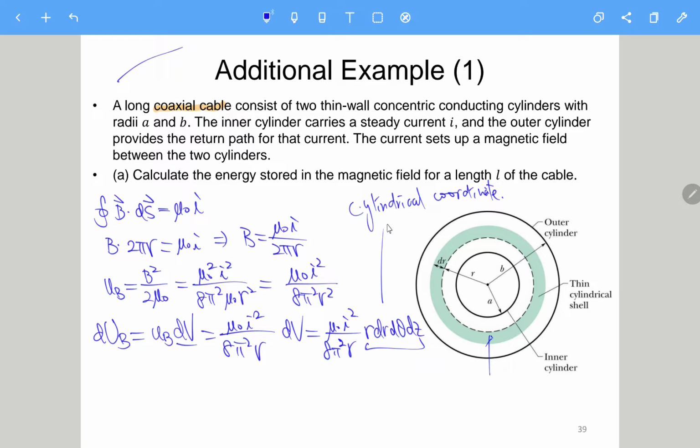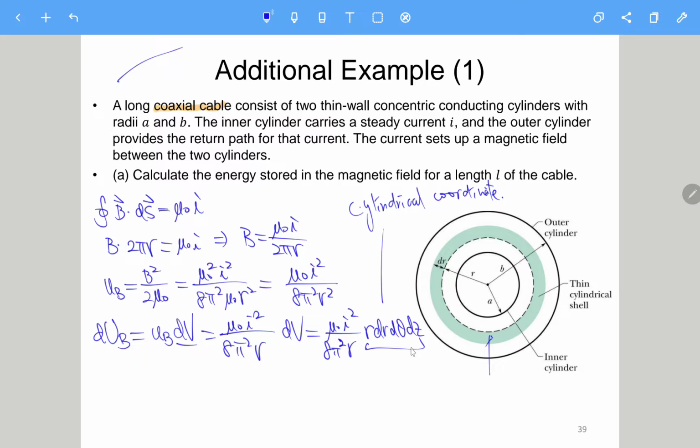The cross-section area for the polar coordinate will be r dr d theta, and then this dz is just perpendicular to the plane, so this is nothing but dz.